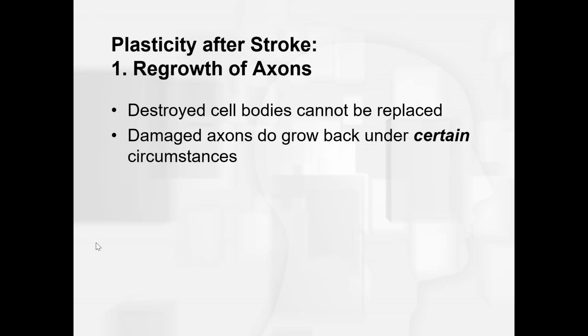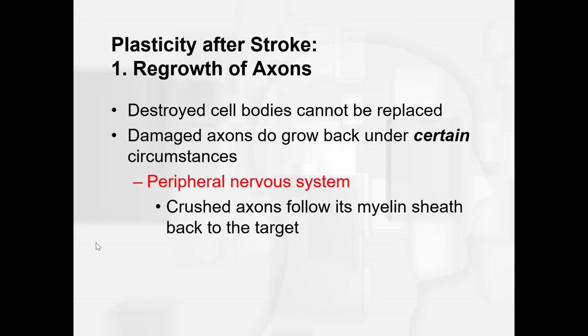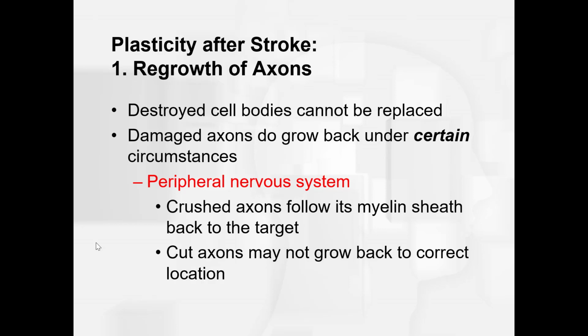But under some circumstances, damaged axons can grow back. In particular, in the peripheral nervous system, a crushed axon will follow the myelin sheath back to the target. However, this is an interesting distinction: cut axons may not grow back to the correct location.